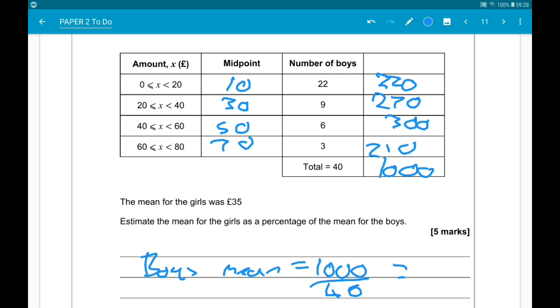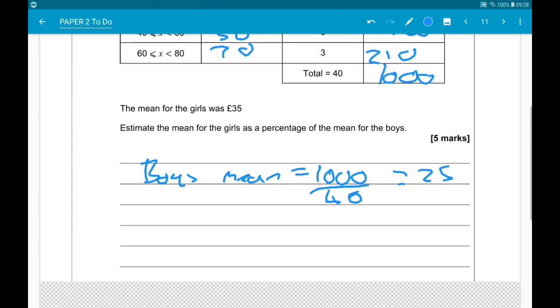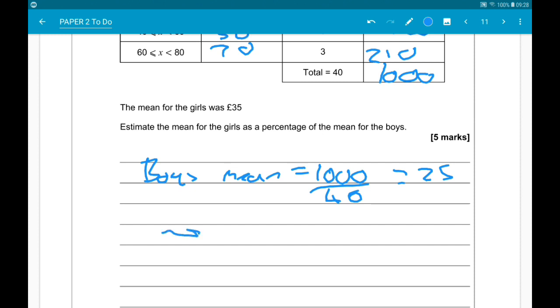Which gives us 25. Okay, so we want the mean for the girls as a percentage of the mean for the boys. So as a fraction, that's 35 out of 25.